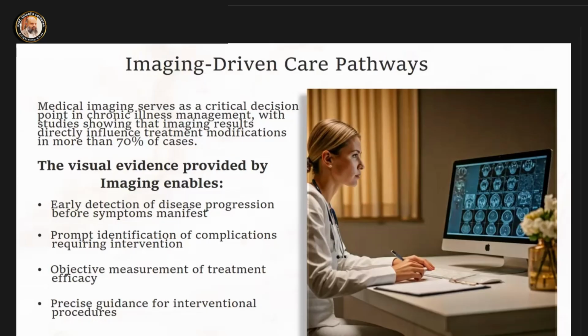Precise guidance for intervention procedures is also possible with the help of medical imaging modalities like CT, MR, angiography, ultrasound, fluoroscopy, etc. So I can say that timely imaging allows us to detect complications months before they would become clinically apparent, providing a critical window of intervention that can dramatically alter disease trajectory.